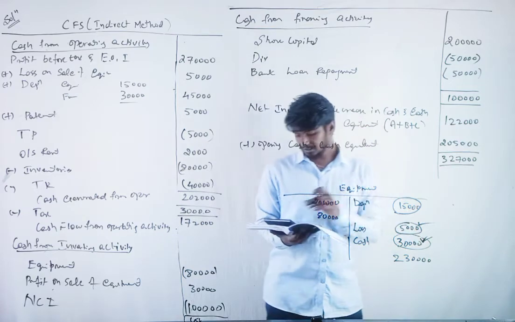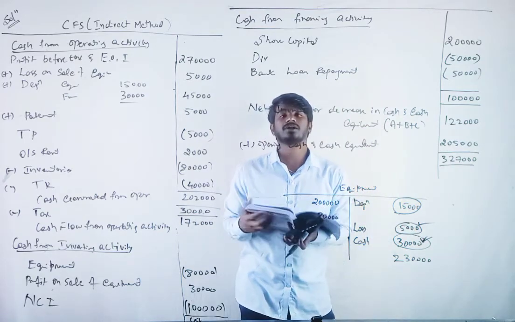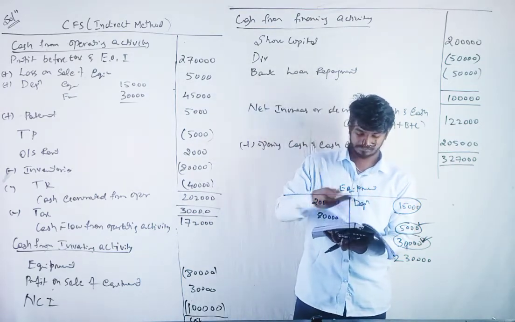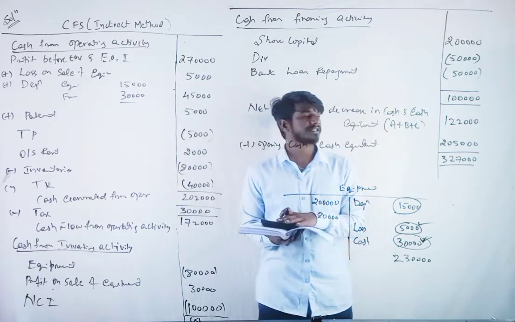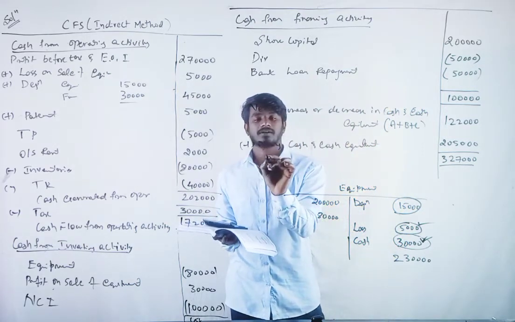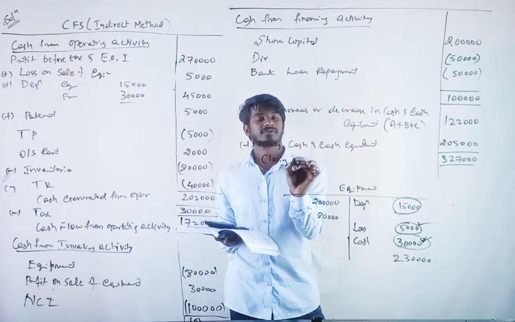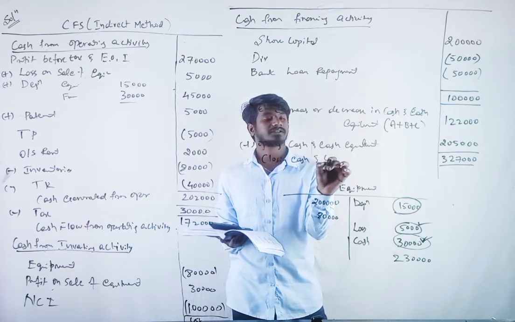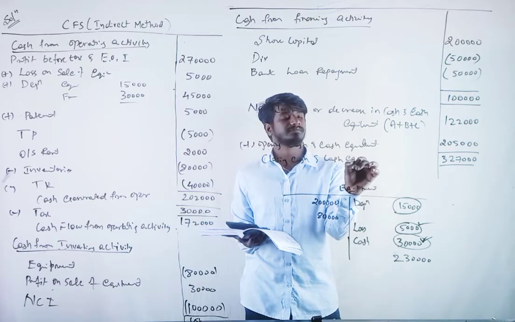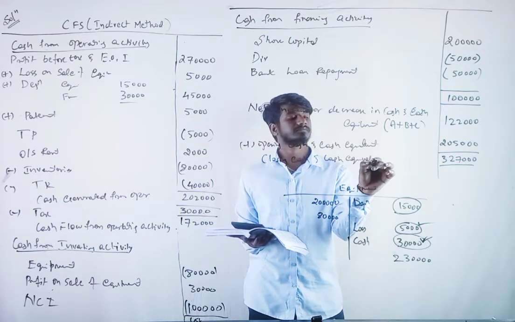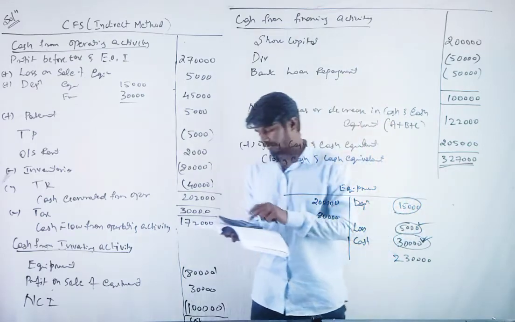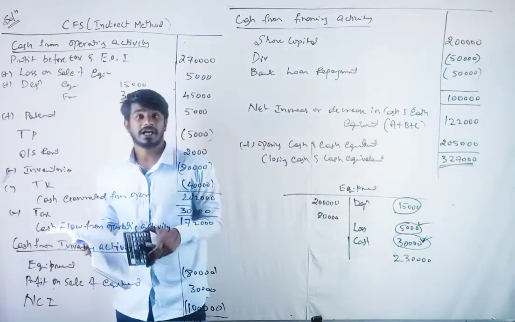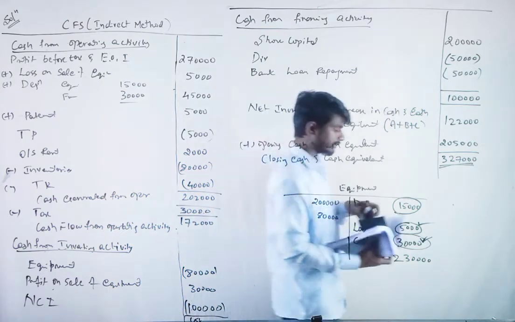Is that equal to closing cash and cash equivalent? Yes, it is equal. Closing cash and cash equivalent 3,27,000. The question is done. You can take down the solution.